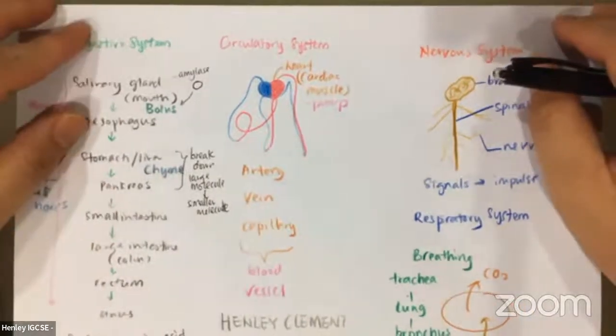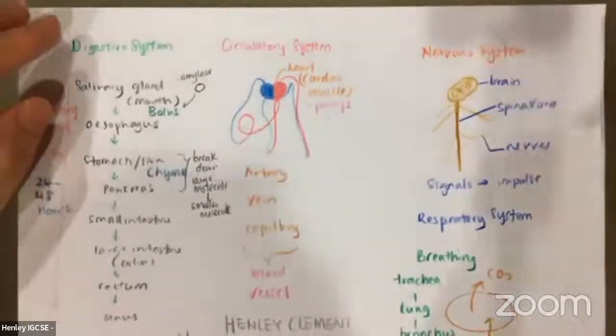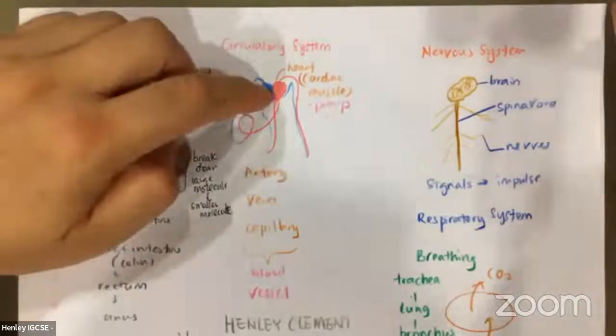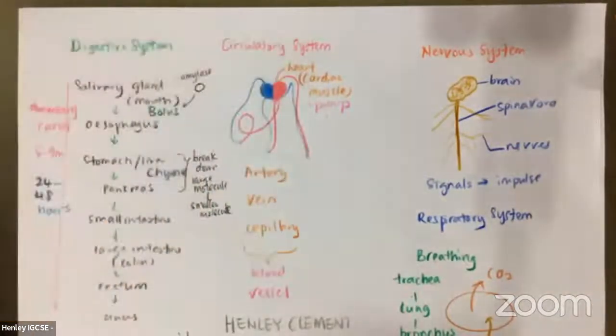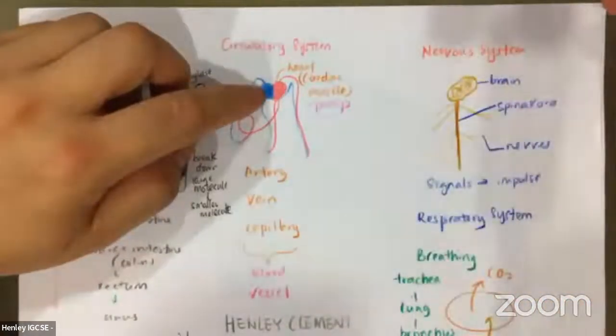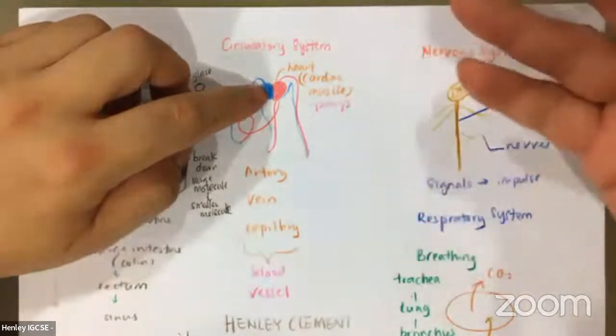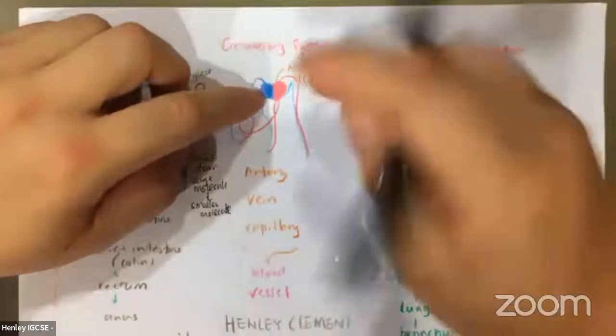Okay, the next, we are looking at the circulatory system. This is about the heart and the blood vessels around the body. We need to learn some words. So we have 2 parts here. This is our right side, the right side of that person.